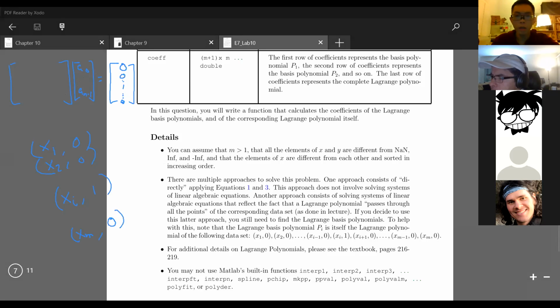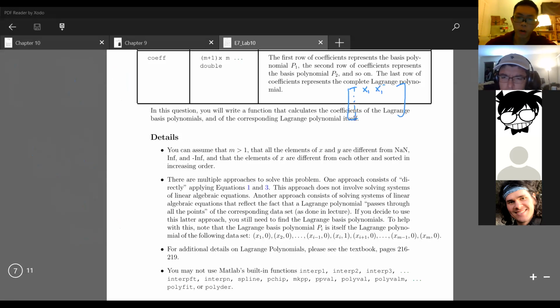Okay, the way they do it in solutions is this. They're setting the y basis equal to 1, and all the rest of them equal to 0. So this equation that I showed earlier: here's your matrix, here's the 1 dot dot dot, and here's the x1 to the power of 2 dot dot dot.